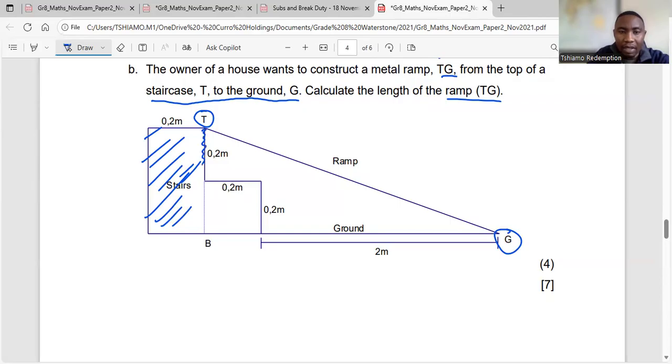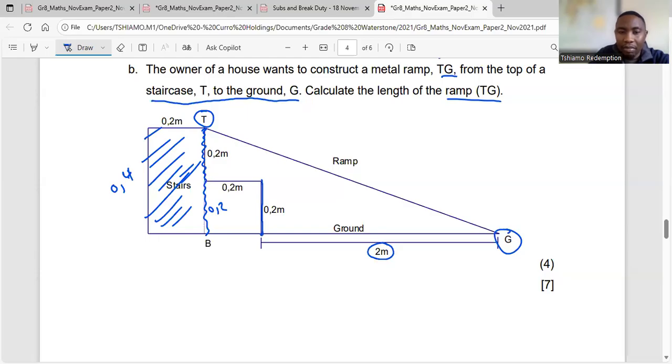So I can calculate the length of TB, the whole stairs, since I'm told that this is 0.2. So you see, this is 0.2, the whole thing will be 0.4. And then this part, BG, I have it as 2 meters from the ground of the stairs.